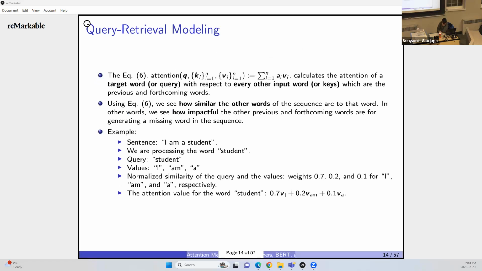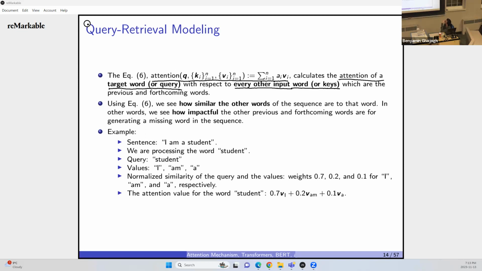So this attention that we talked about calculates the attention of a target word or query with respect to every other input word or keys, right? So we have some query word, and all other words in the sentence are the keys. Basically, we can calculate how similar every word is to every other word.